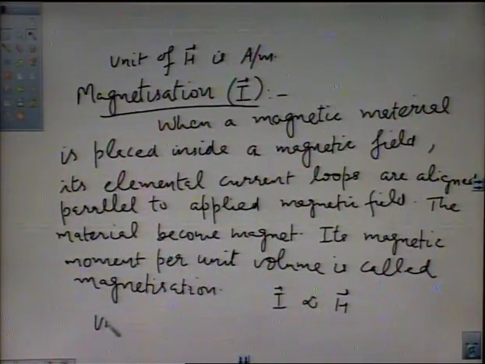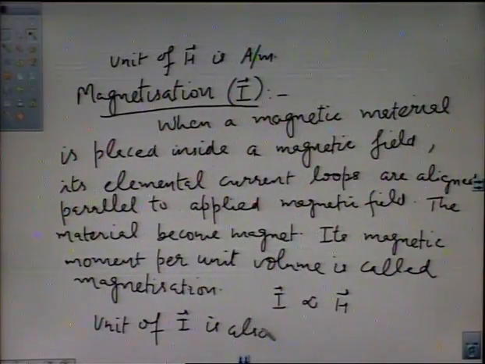The unit of I is the same as that of magnetic intensity, so it is also ampere per meter. So this is the definition of magnetization.